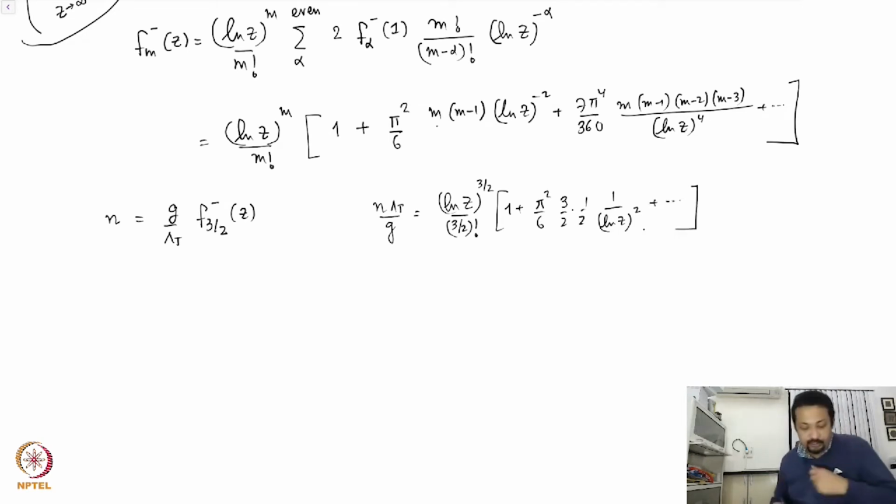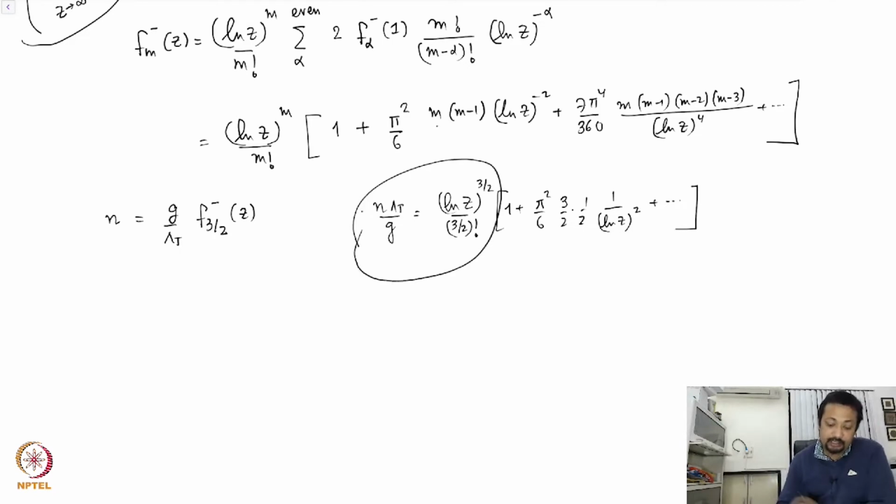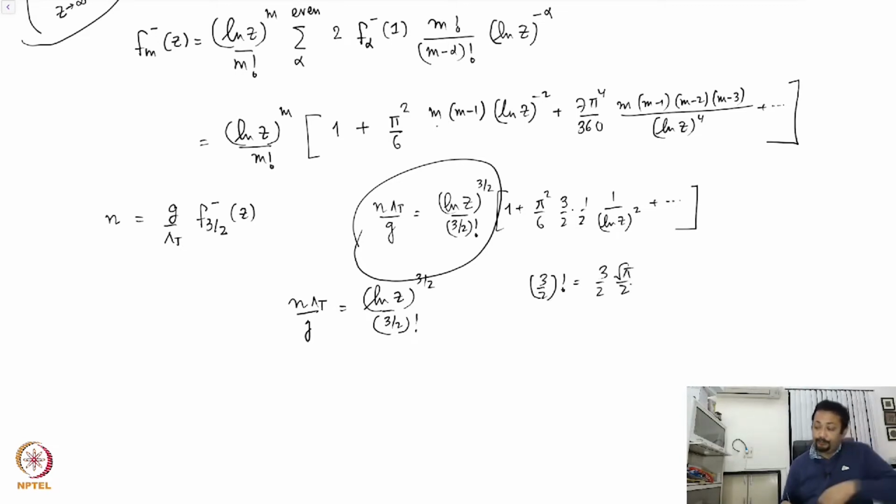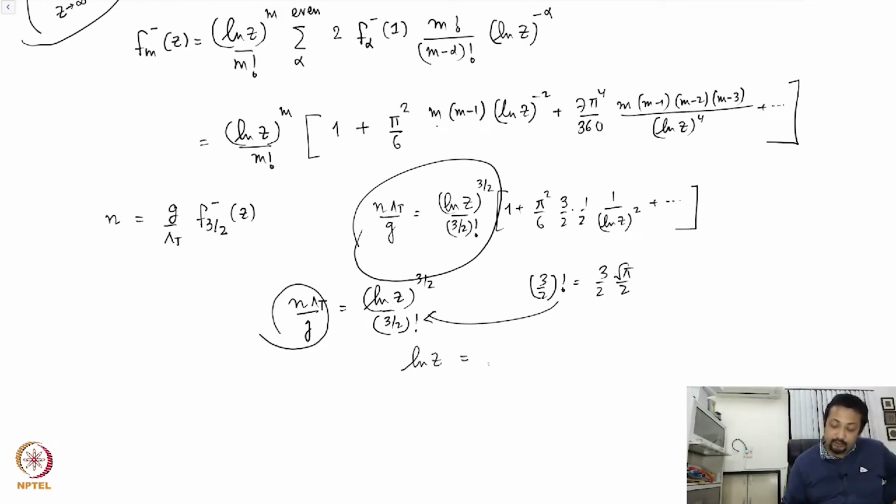The lowest correction is when this is equal to this, so that n lambda_T over g is going to be ln z raised to the power 3/2 by (3/2) factorial, and (3/2) factorial, you should note, is 3/2 square root pi over 2. So once you put it in over here, and if you compute ln z from this term, you will see that you are going to get ln z equal to beta epsilon_F, which is the Fermi energy at 0 temperature.